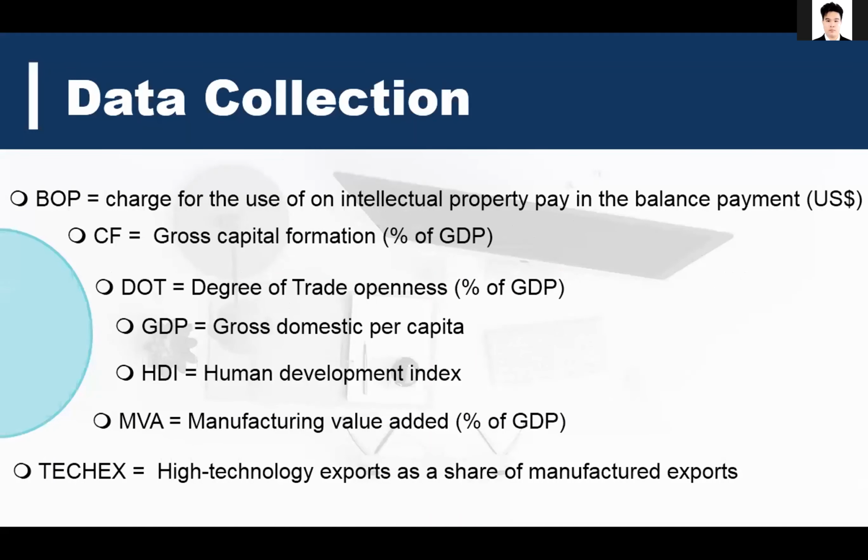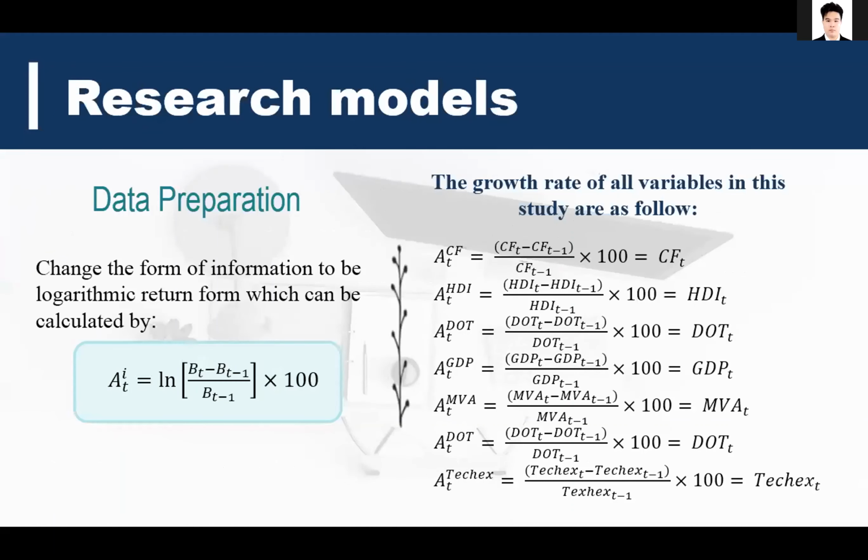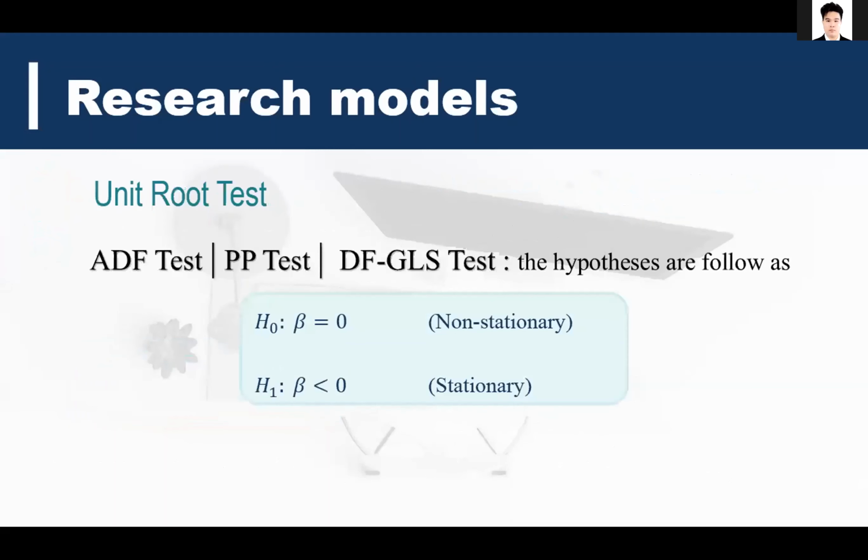Here are the 7 variables used in this study. All data need to be changed into logarithmic terms, and after that we need to test for a unit root.